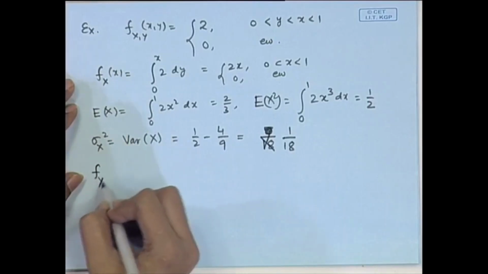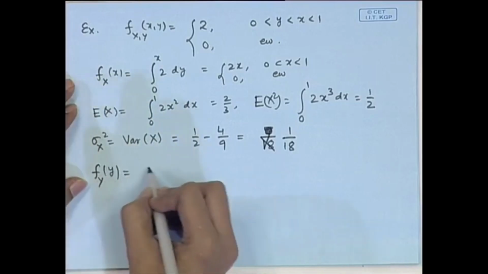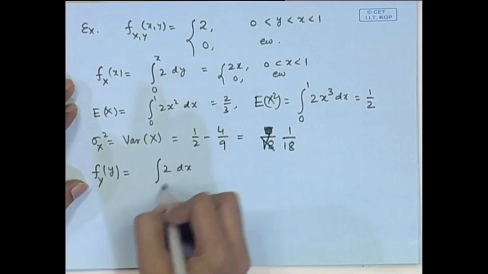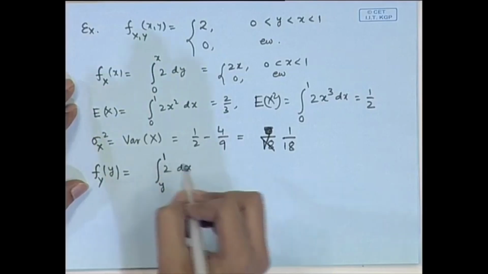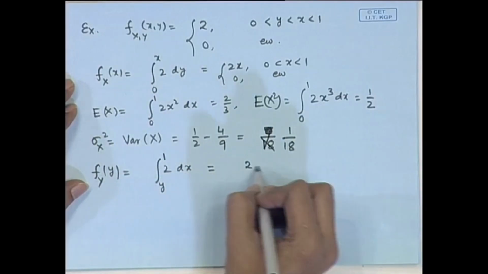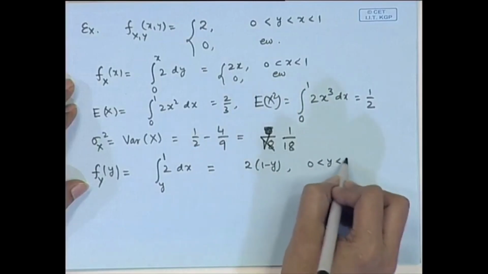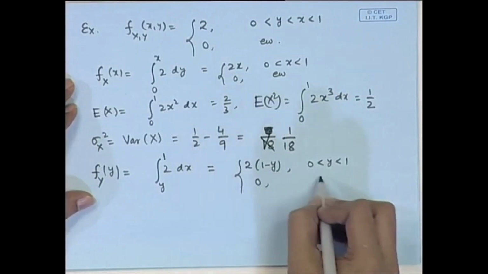Similarly, let us calculate the marginal distribution of y, that is integral 2 dx from y to 1, that is equal to 2 times 1 minus y for 0 less than y less than 1, 0 elsewhere.